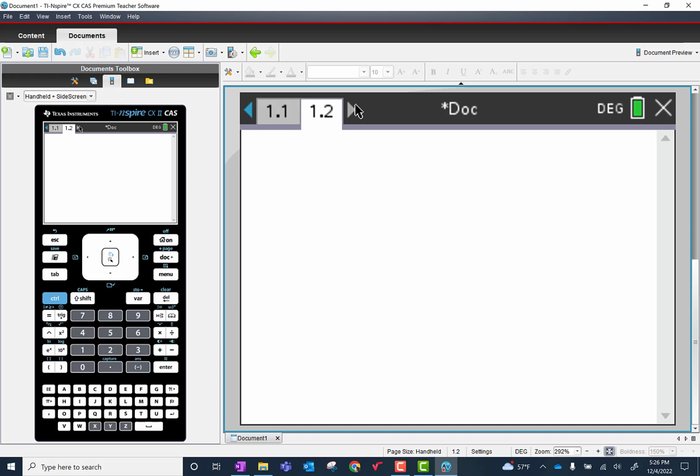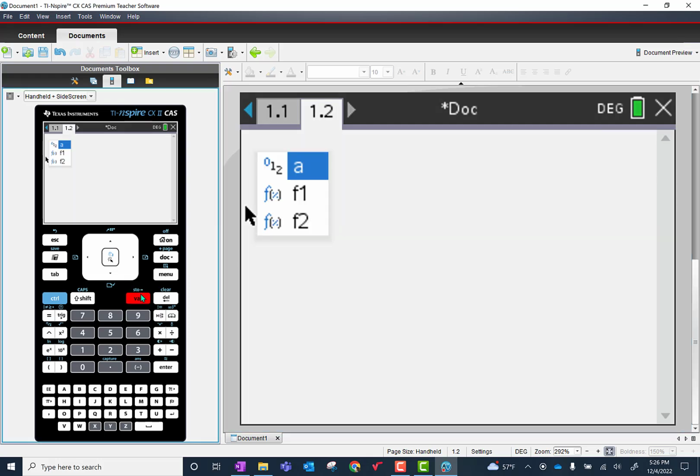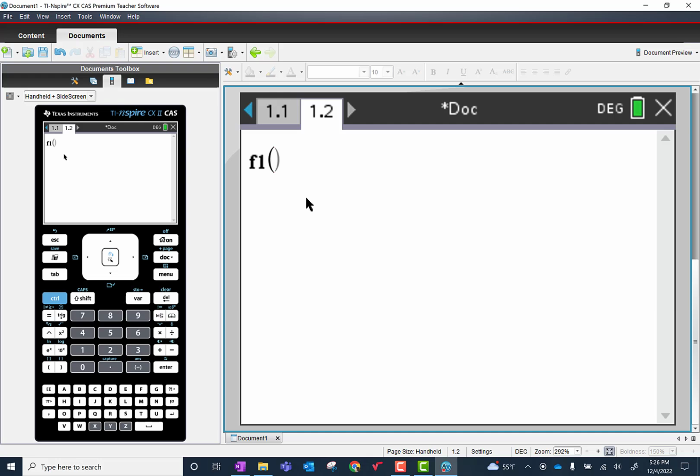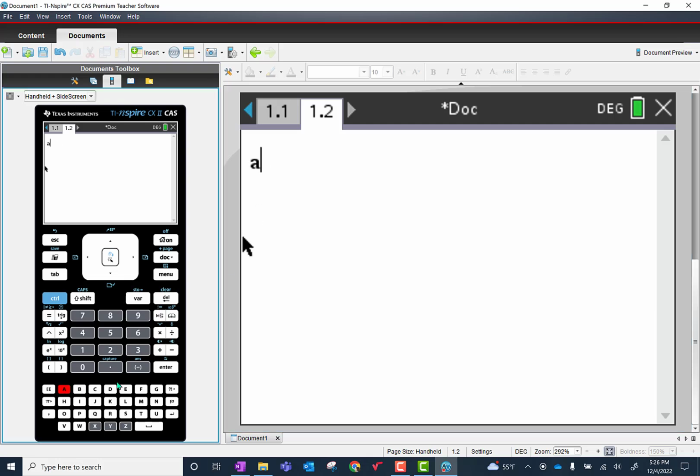If you recall, the variable I stored, f1, was the x. Before we go through this, I just want to show you that if I hit A and hit enter, that number we found in our grapher is stored there.